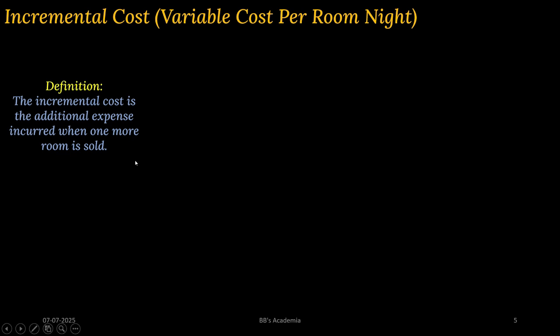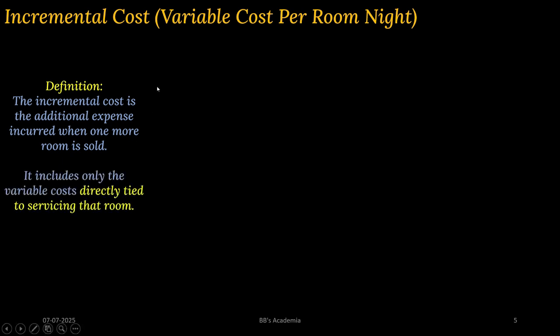That means whenever a room is sold, that amount is incurred on that room. It includes only the variable cost directly tied to servicing that room. Once a guest is taking up a room, whatever expenditure is involved in providing the service, that is known as incremental cost. And it is directly tied to the servicing, it is a variable cost.